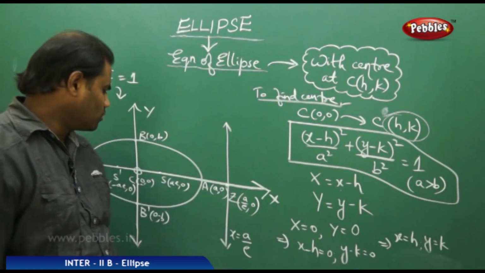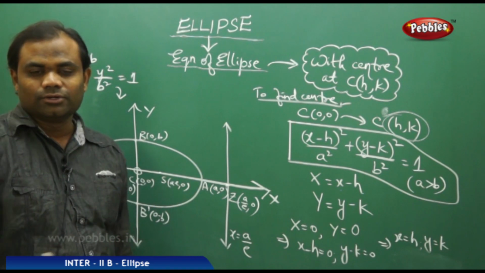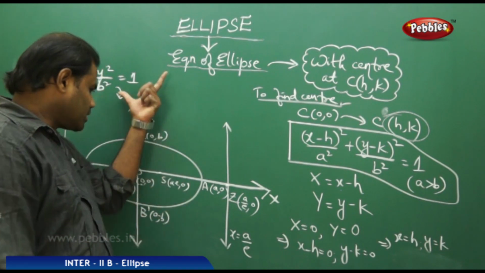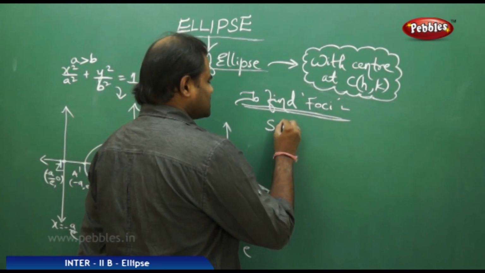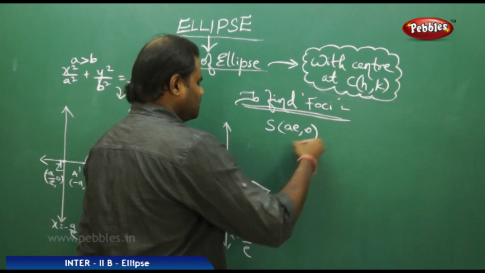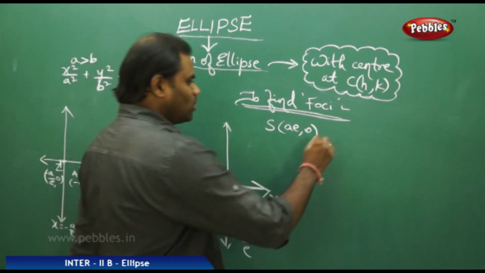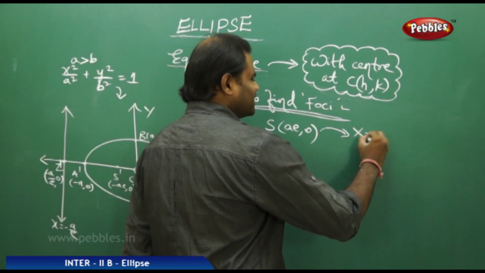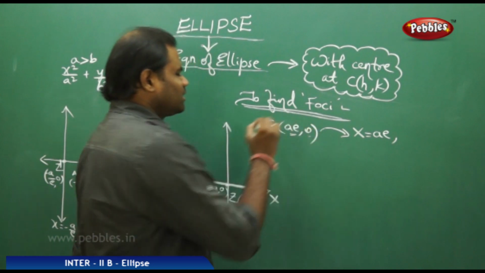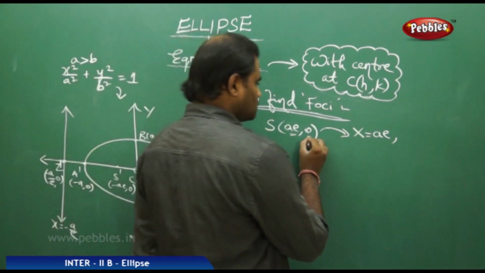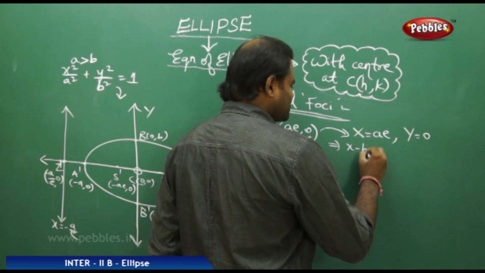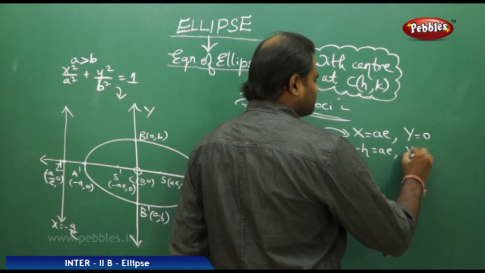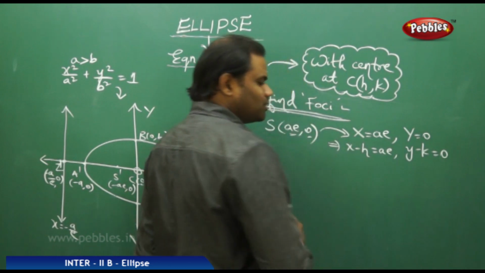Now let's find the focus S for the new transformed equation using the standard form of the ellipse. The focus S, ae comma 0, when transformed is obtained by taking X equal to ae and Y equal to 0, where my x minus h equals ae and my y minus k is 0.